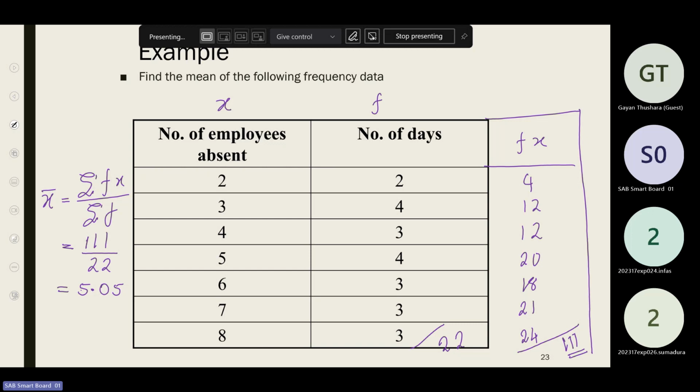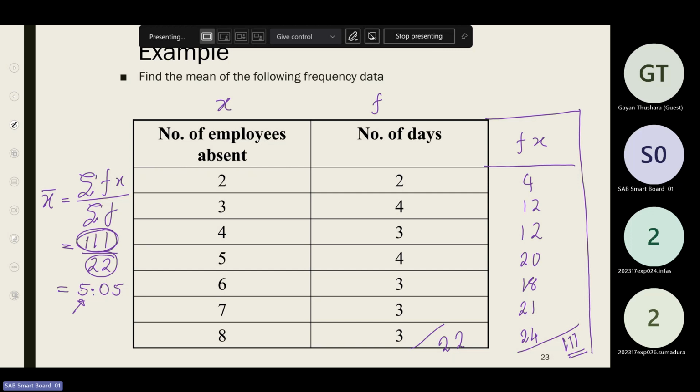Number of employees absent, number of days. We divided the total number of employees absent by the total number of days. So what we get here is the average number of employees absent per day.